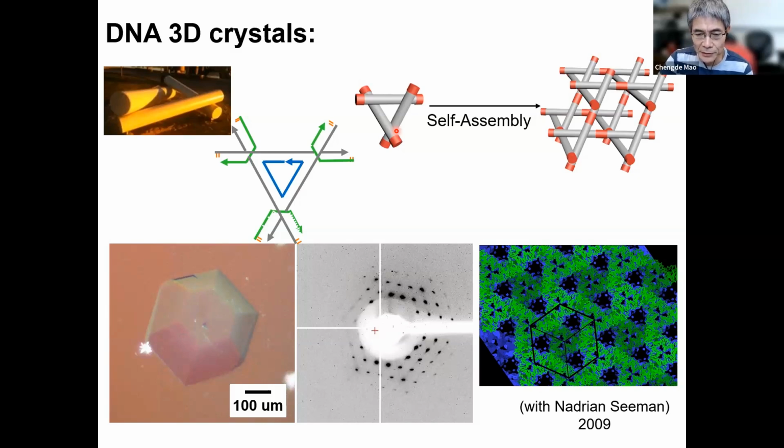What that means is, if our understanding is correct and our design principle is correct, then before we do any experiment, we should be able to precisely predict this crystal, how the molecules arrange themselves, and exactly what position each atom goes to. We should be able to precisely predict that.